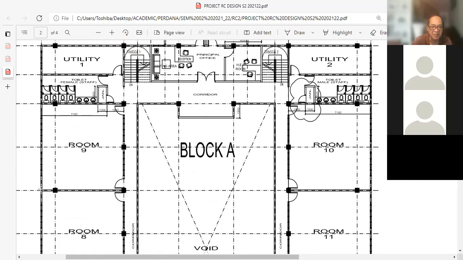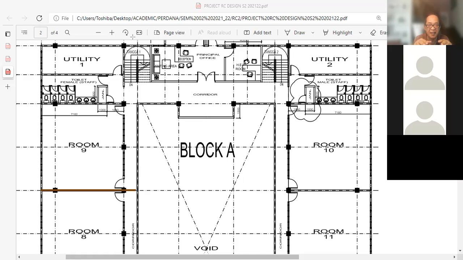If we have a beam up to here, then this portion of the beam is connecting between these two columns. And remember, when you are coming up with a structural plan or a framing plan, you need to indicate the floor plan according to the architect's floor plan.